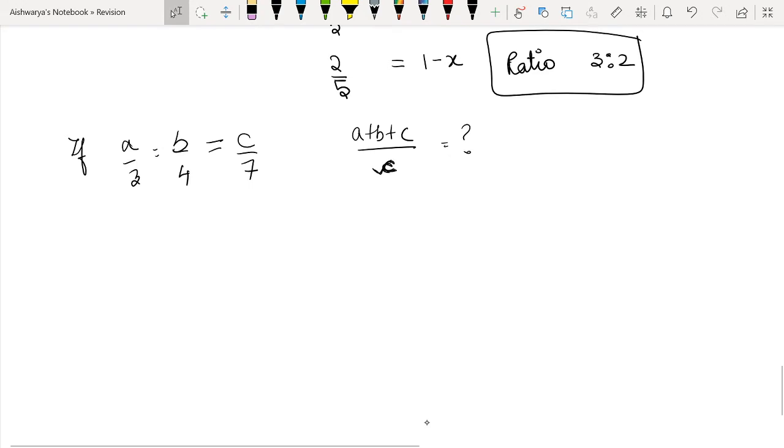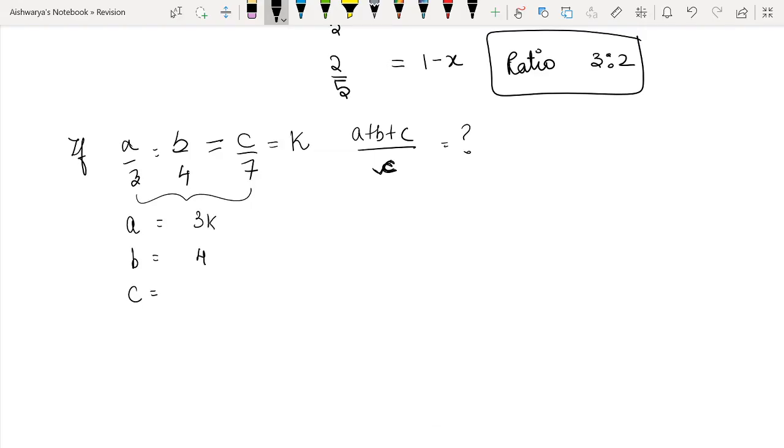Whenever you are given three things equal to one another, say equal to k, some common quantity, it will be 3k, 4k, 7k. Everything in terms of k. Then you fill up here: 3k plus 4k plus 7k divided by C, which is actually 7k.